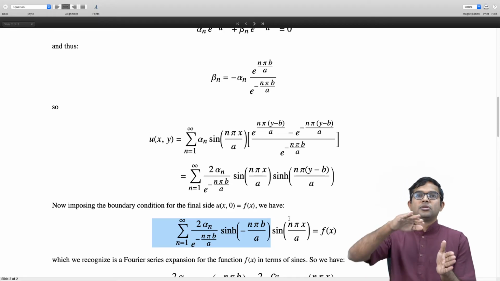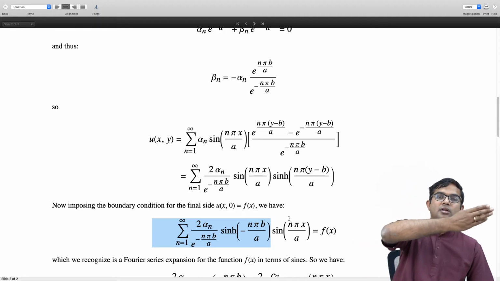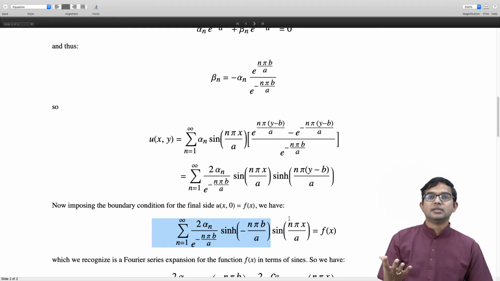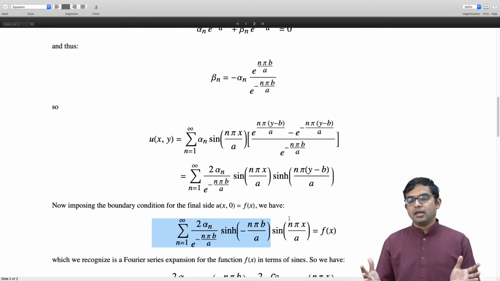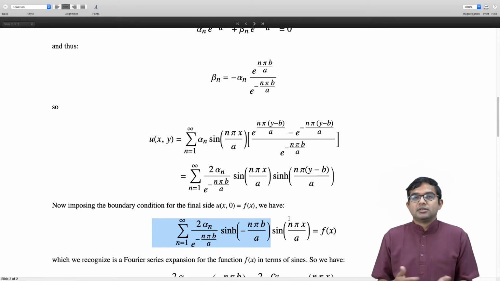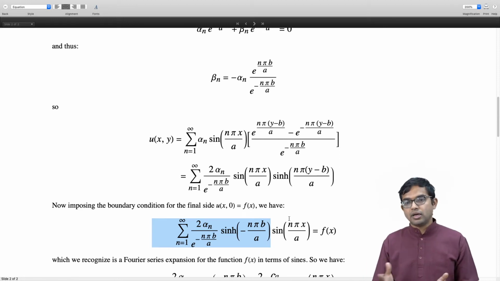The way to think of this is to continue it to the interval from 0 to minus a. If you take it to be an even function, you will be able to express it in terms of cosines, but if you take it to be an odd function, you'll be able to express it in terms of sines. But in the end, if you care only about the particular interval you're interested in, it doesn't matter, so you can do either of these.